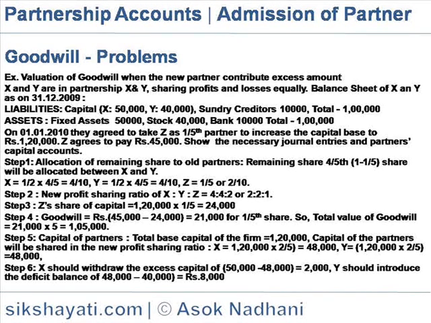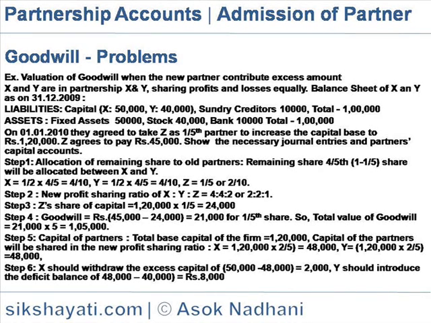The balance sheet of X and Y as on 31st December 2009: liabilities, capital is X 50,000 and Y 40,000, so 90,000. Sundry creditors 10,000, so the total liability side is 1 lakh.